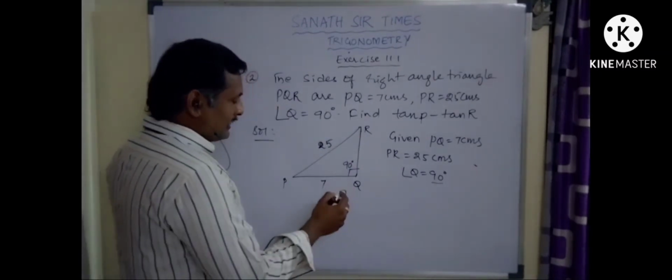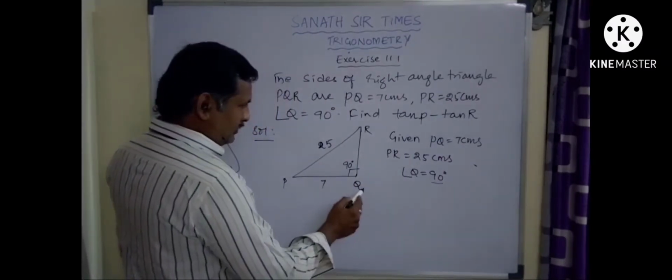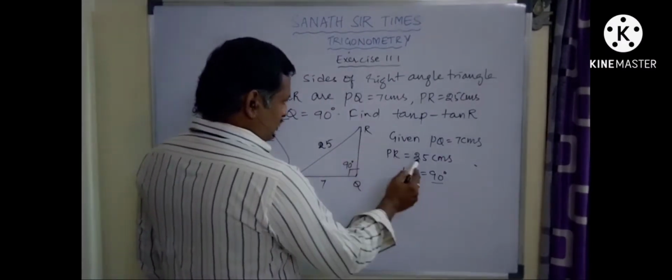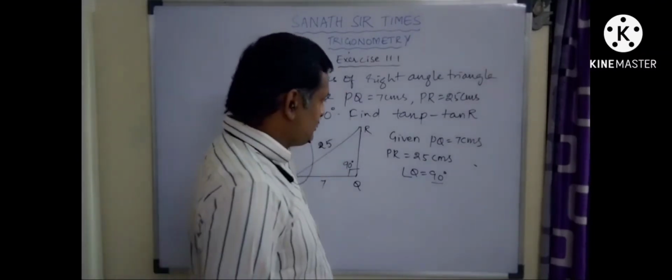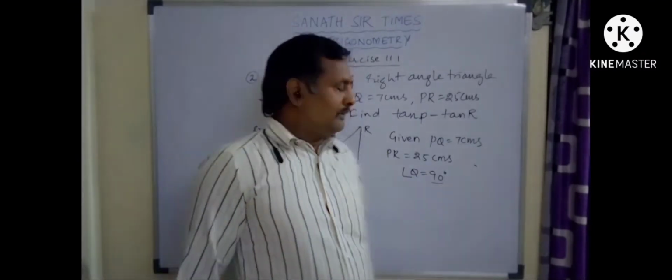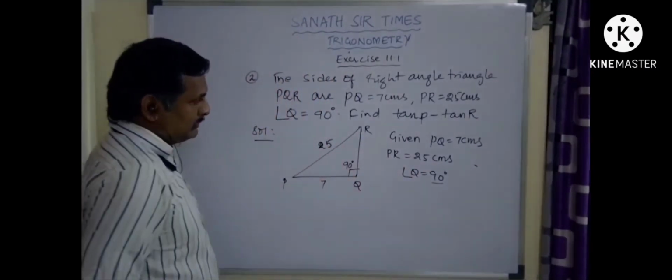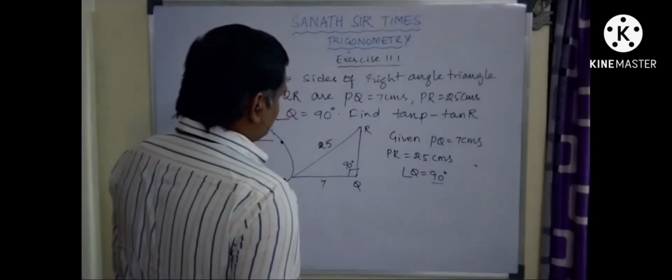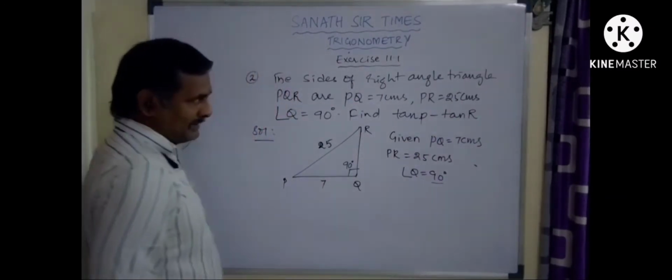And in that triangle, I am posting the lengths of the sides. 7 centimeters is PQ, and PR is equal to 25 centimeters. I am not writing centimeters because I don't want to invite troubles by writing letters alongside the numerals, right? Now this is what is given to you. Now what is it asking you? It is asking you to find tan P minus tan R.